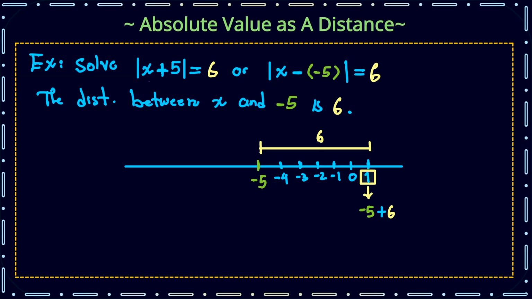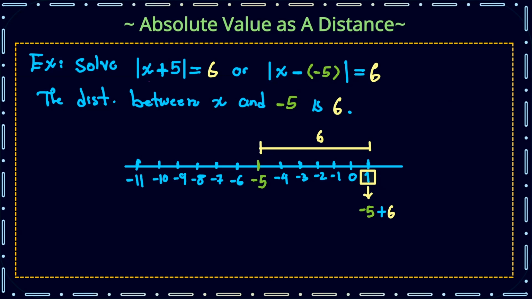And I can go to the left of negative 5 by 6 units. You can take negative 5 and since you're going back, subtract. But instead of doing that, let's just locate the numbers and see where we arrive. We have negative 6, negative 7, negative 8, negative 9, negative 10, negative 11.